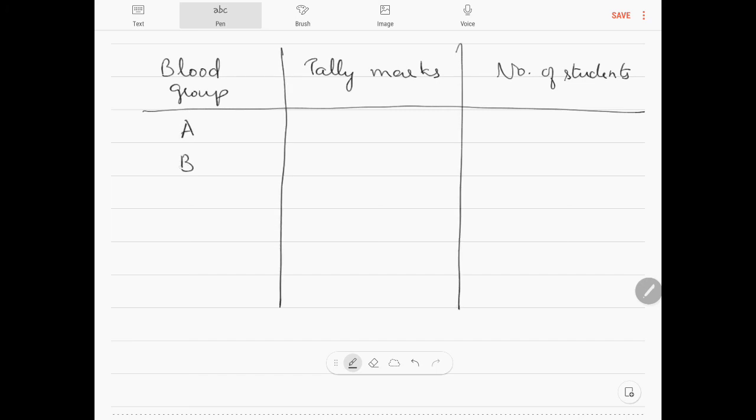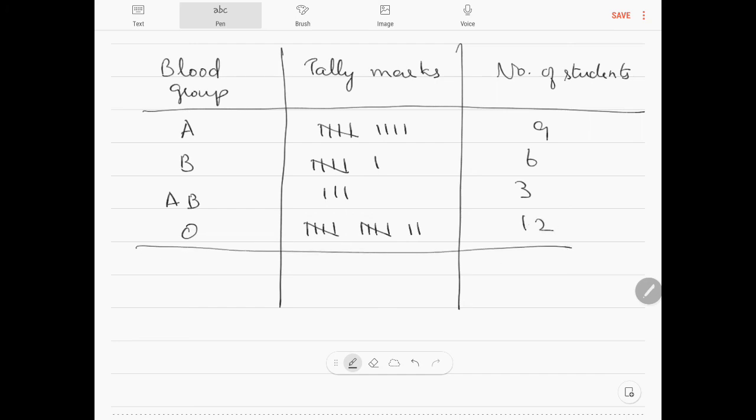Group A, group B, group AB, O. This will be 9, this will be 6, this will be 3, and this is 12. Now the total value is 30. So this is the frequency table.